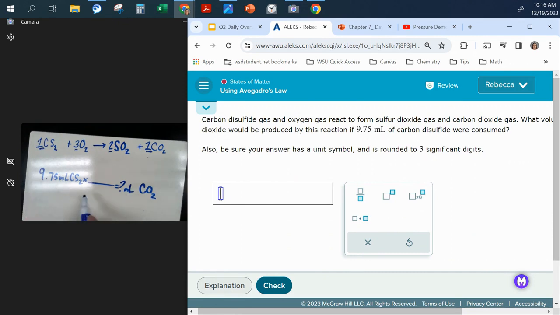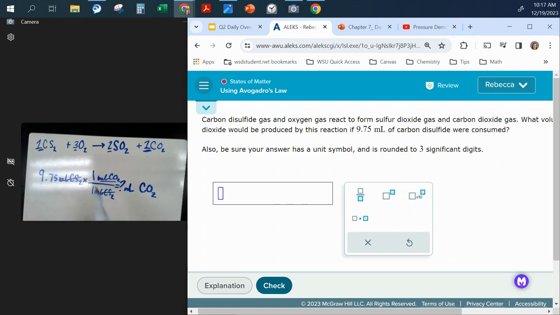We can also set this up. So we're going to use our ratio. We have milliliters of CO2. So this is for every 1 milliliter of CO2, and I'm getting that from my coefficient from the equation, I need 1 milliliter of CS2, carbon disulfide. So milliliters of carbon disulfide cancel and we'll get milliliters of CO2, which is what they're asking us.